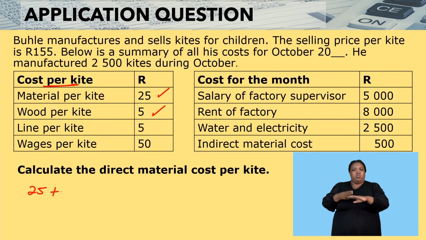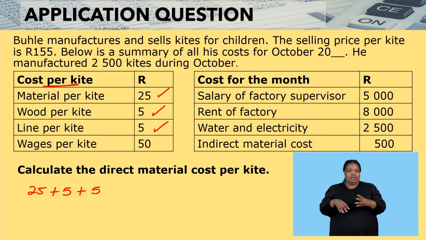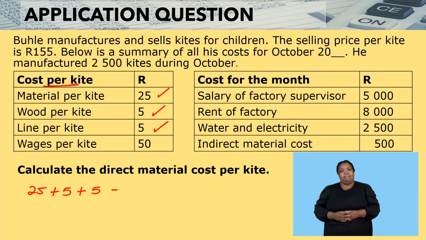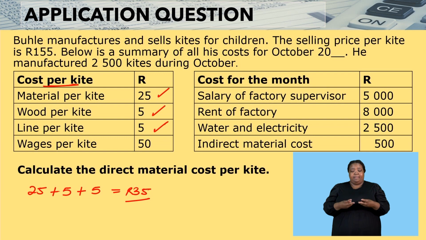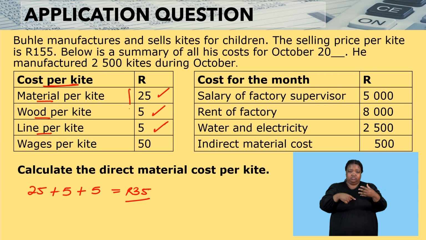So we say plus the 5 rand for the wood. And we also need line per kite. Then we say plus the line, plus the 5 rand. That would then give us 35 rands. So we took the material cost, the wood, and the line. We add these 3, then they give us the direct material cost per kite.